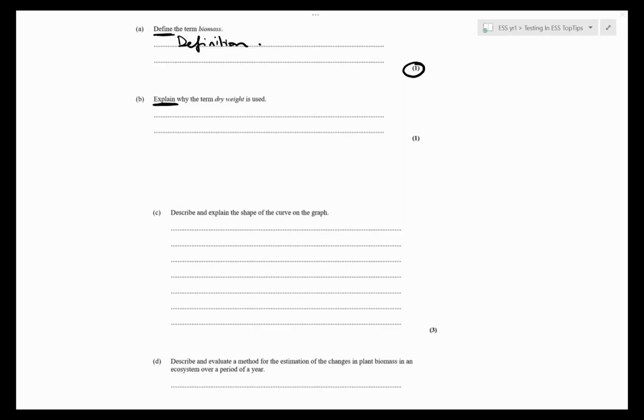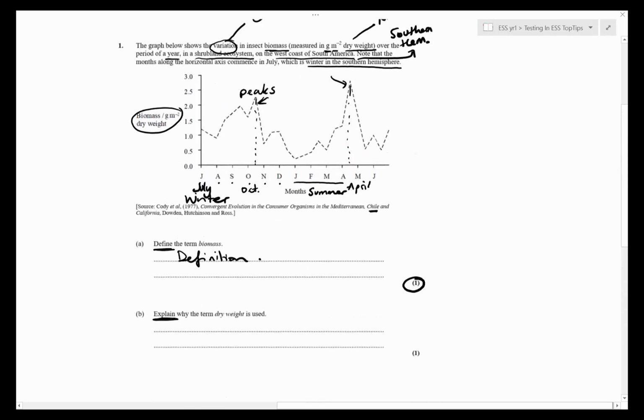Okay, we're now going to look at the next part of the question, where we start to look at the data, and here it wants you to describe and explain the shape of the curve of the graph. Okay, so first of all, you need to go back to the graph, and you need to think about how you're going to describe this.